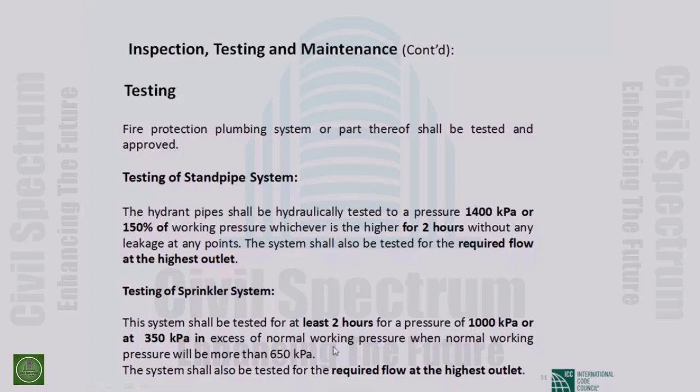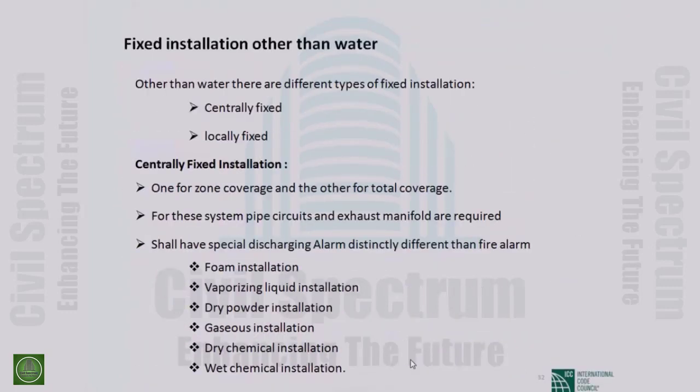In that case, you have to test a little bit higher, that is, adding 350 to your working pressure. The system shall also be tested for the required flow at the highest outlet. So you have to test. Sometimes a sprinkler is tested by putting a hot flame on the sprinkler to fuse it, and then measuring all the parameters.